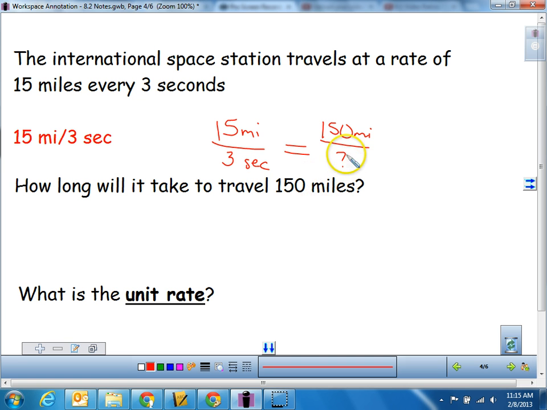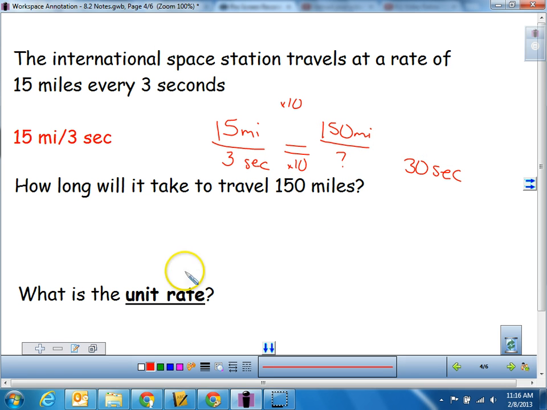This should look kind of familiar to you. It looks like our equivalent fractions, which is exactly what I'm doing. How do you get from 15 to 150? You take it times 10. Take this times 10, and it's going to take 30 seconds to travel 150 miles. Wow, that is going fast.